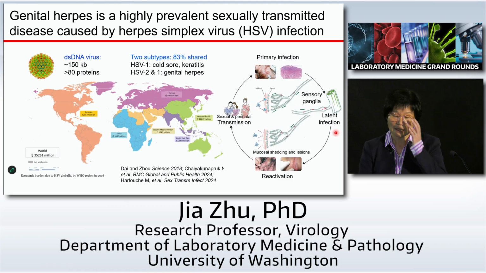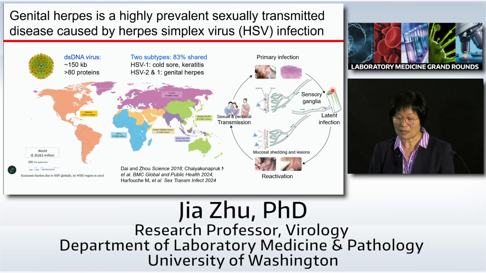We know that HSV first enters the human body through a breach in the skin and mucosal surface. It replicates in the epithelial cells, and then the viral progeny gains access to the innervating nerve network, and reaching the nucleus of sensory neurons, establishes lifelong latent infection.